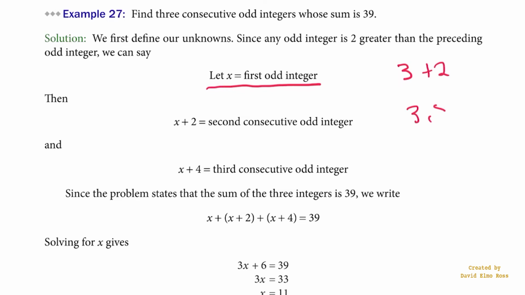So we'd have 3, 5, and then 5 plus 2 is 7, and so on. So once we figure out this is our first odd number, each odd number after that is going to be 2 greater. So what we have here is x, which is our original number, x plus 2, which is our next odd number, and x plus 4, which is going to be like 3 plus 4, is going to give us our third number here. So this is going to be our equation. So that's first odd number, second odd number, third odd number, and that's what it equals to. This is how we're going to set it up to solve this problem.